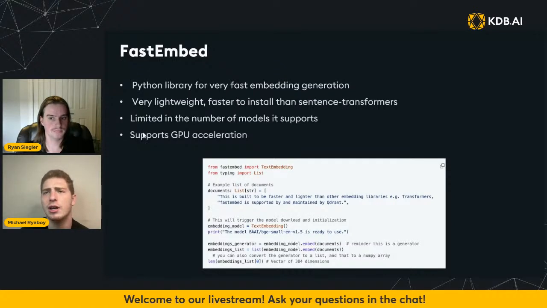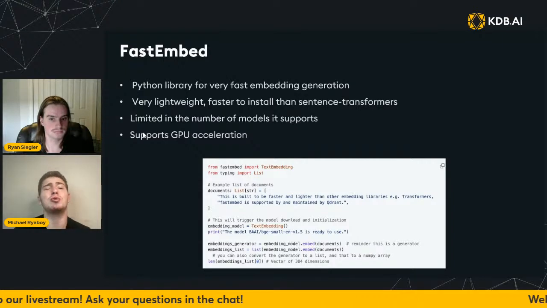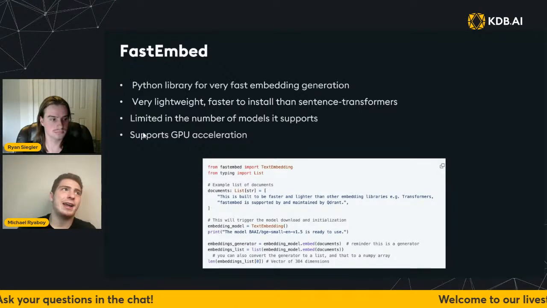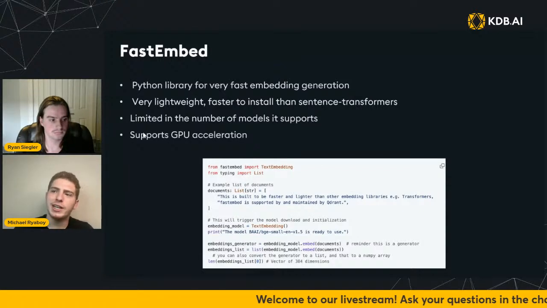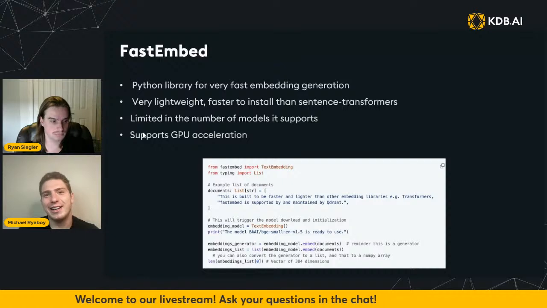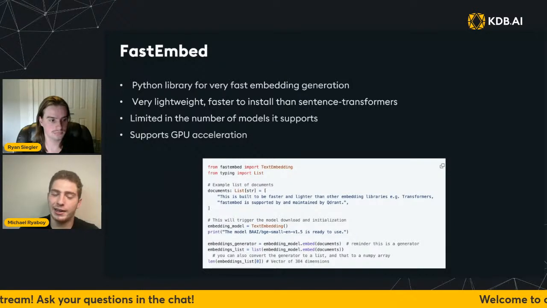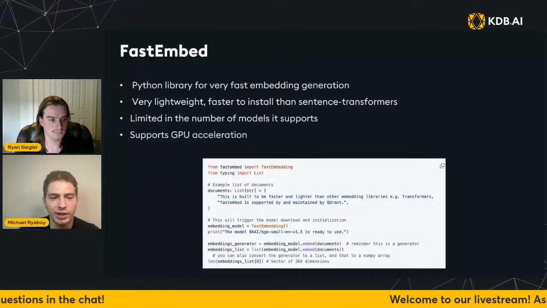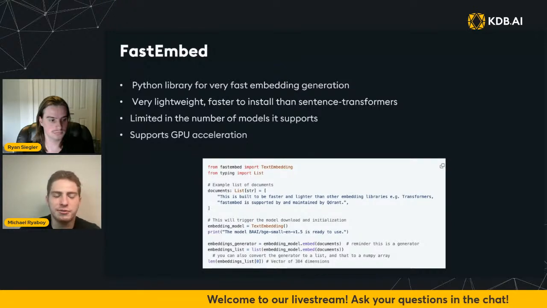Another option is text embedding inference, which is written in Rust and is extremely optimized. I don't think I have a slide for that today, but text embedding inference has a lot of advantages in that it's so fast. It's incredibly fast. And if you're doing inference on a single vector at query time, it's basically free for most models.